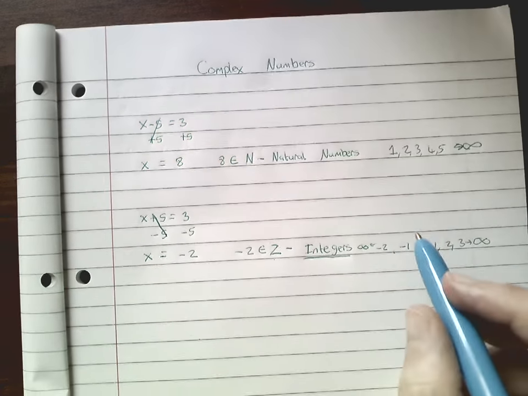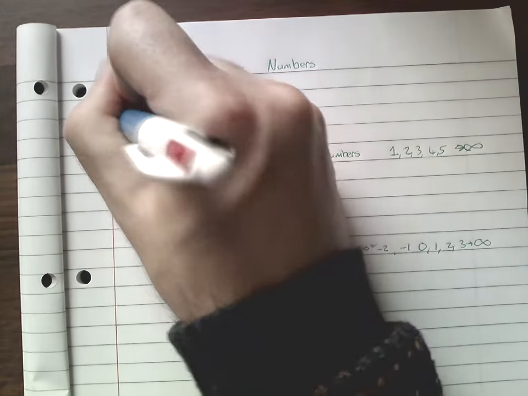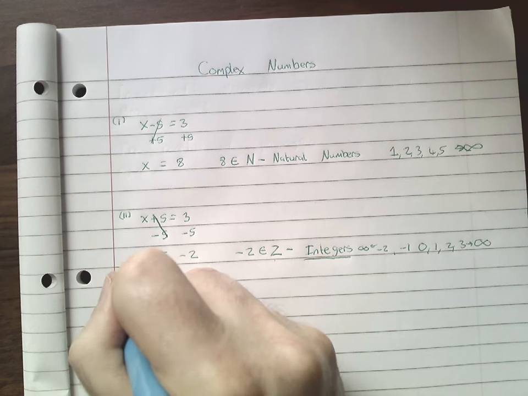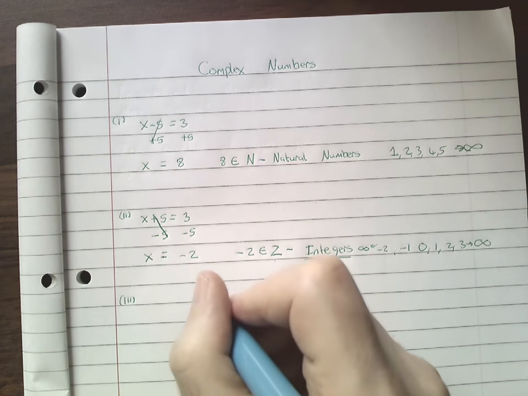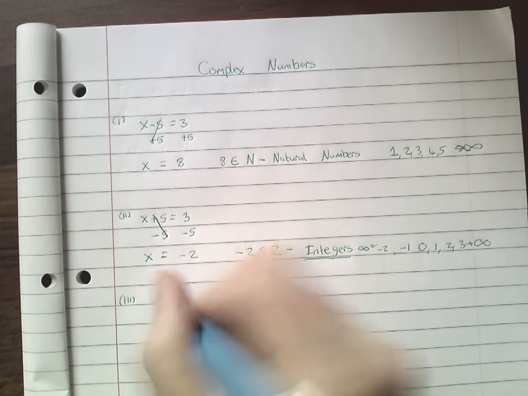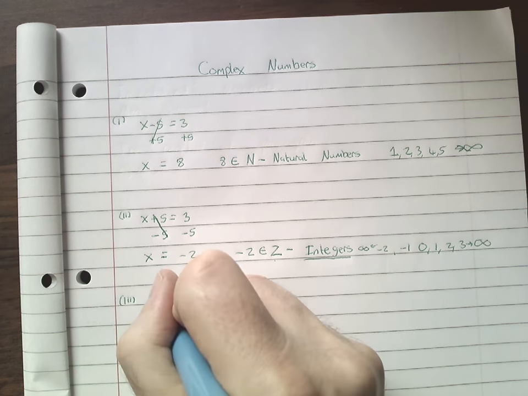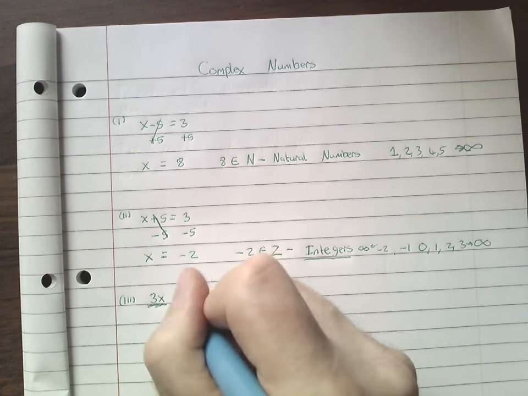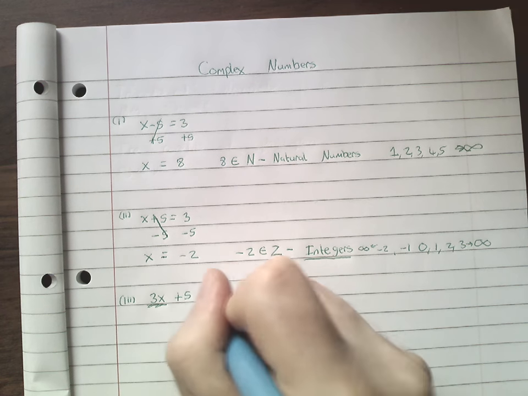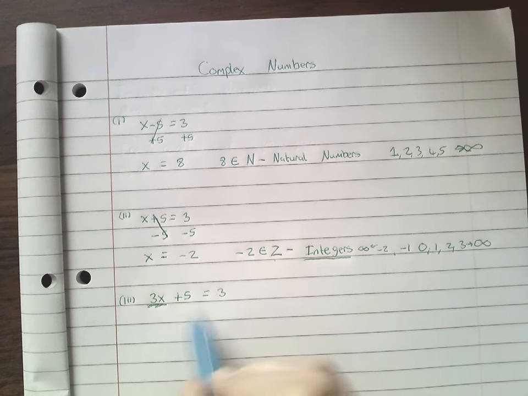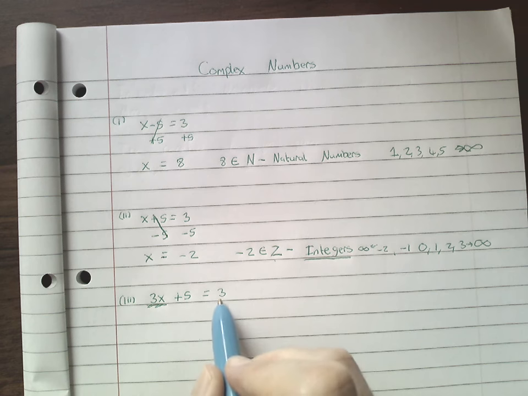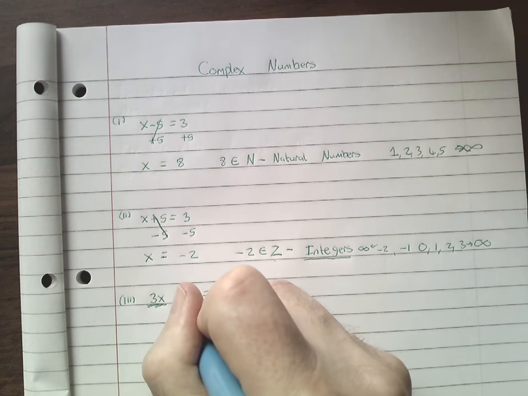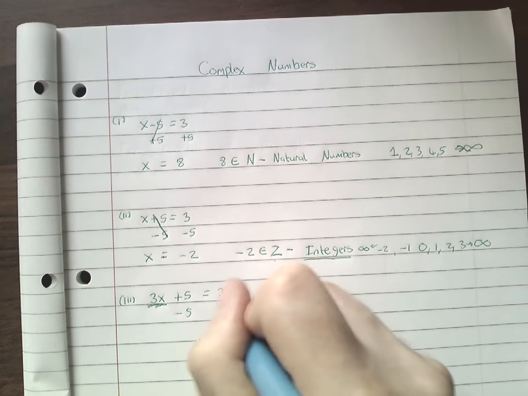And then also we have something like this. So if we have, for example, 3x plus 5 is equal to 3. So again, what we want to do is get x on its own. So we minus 5 from this side, and we minus 5 from this side.